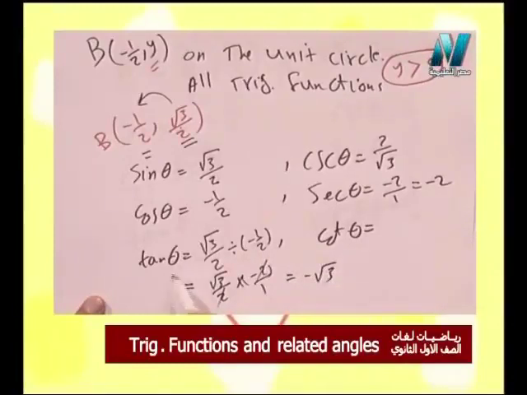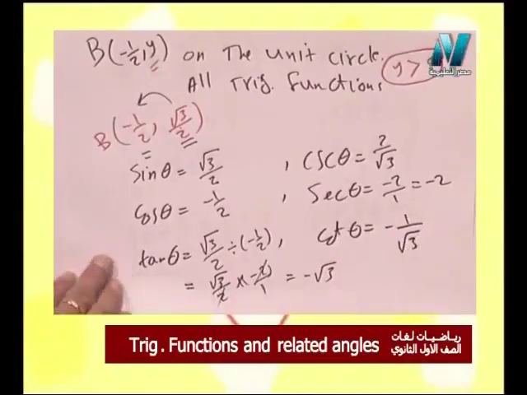So tan theta equals negative root 3, and its reciprocal cotan theta equals negative 1 over root 3. Okay, my dear students, let's go to another question here.